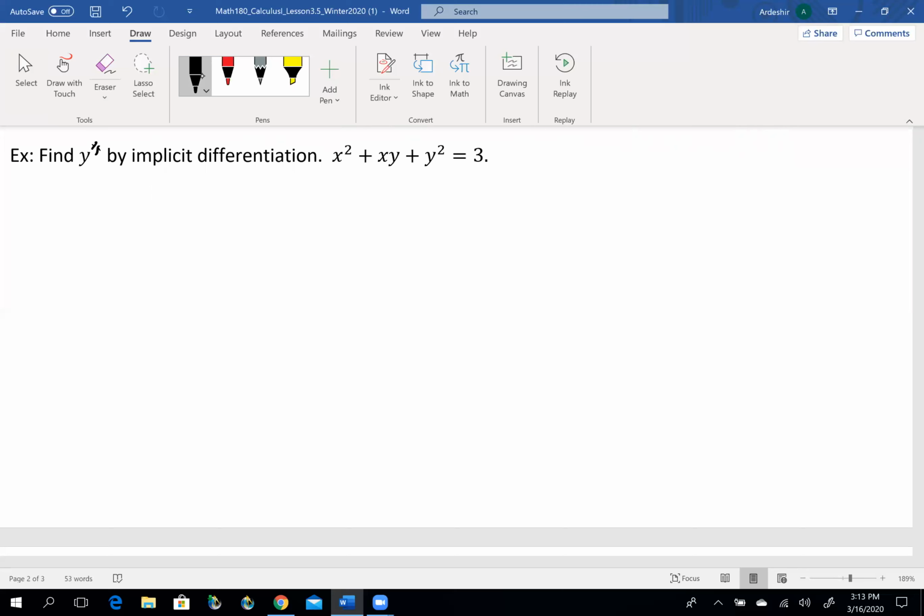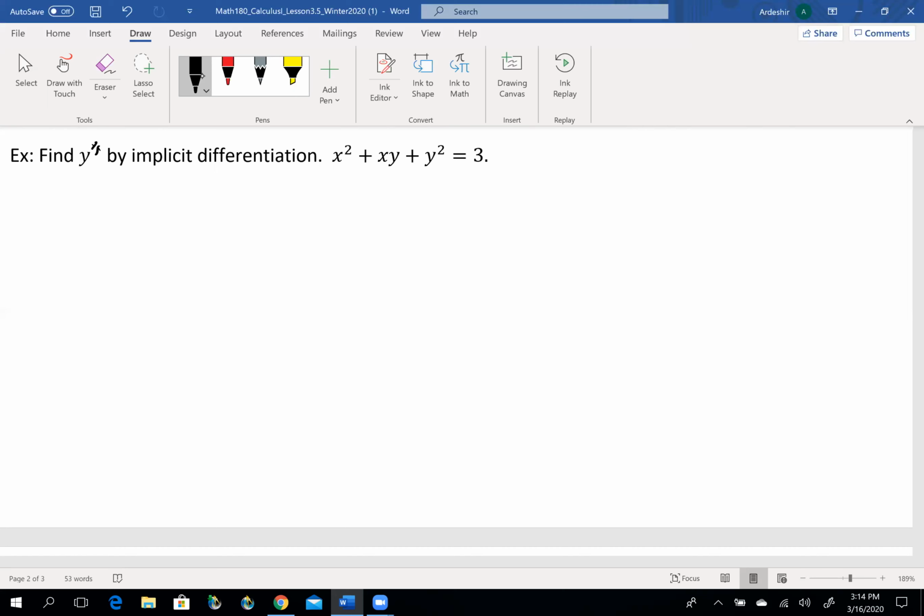So if I'm going to take a derivative of both sides with respect to x. And again, guys, please take note that x squared plus x times y plus y squared is equal to 3. So just keep that in mind, okay?